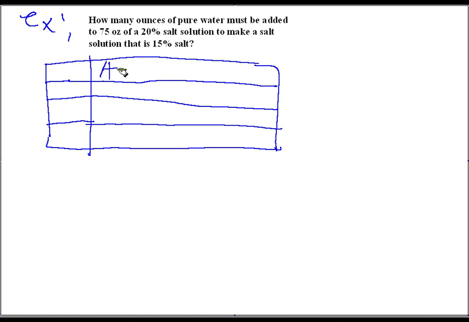Again, this is the amount of solution times the percent concentration, and that's equal to the quantity of substance. So again, A times R is equal to Q. Remember from the last screen.